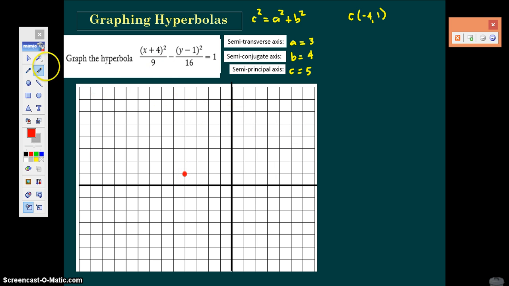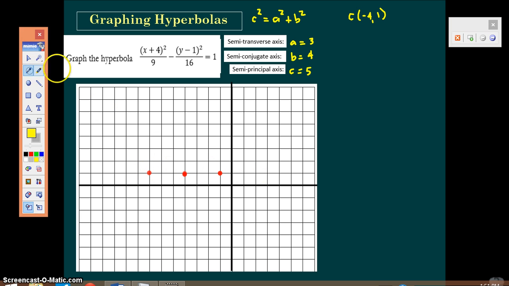Now, this is horizontal, therefore the transverse axis should also be horizontal with length 6 units, 2A. So 3 to the right and 3 to the left would be the endpoints of the transverse axis: 1, 2, 3 here, and 1, 2, 3 here.